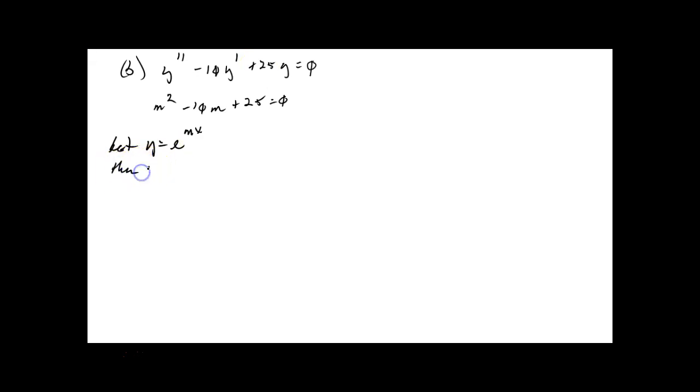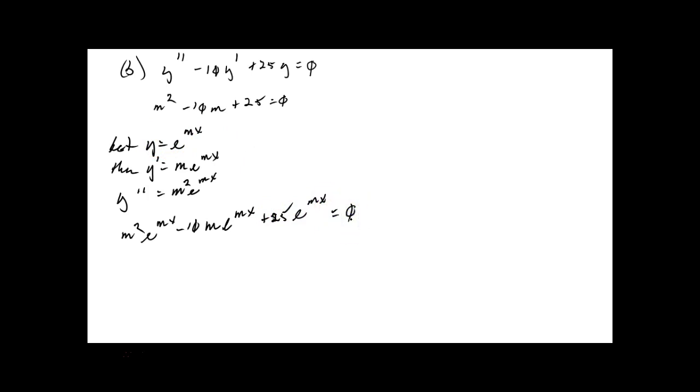Then y prime is equal to what? m e to the mx, and y double prime is equal to m squared e to the mx. So plug these things in. y double prime is m squared e to the mx, minus 10 times y prime, which is m e to the mx, plus 25 times y, which is e to the mx, and that whole thing is equal to 0.